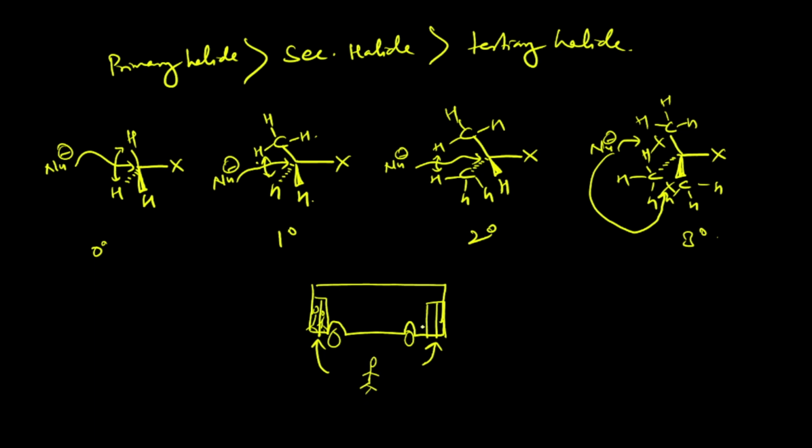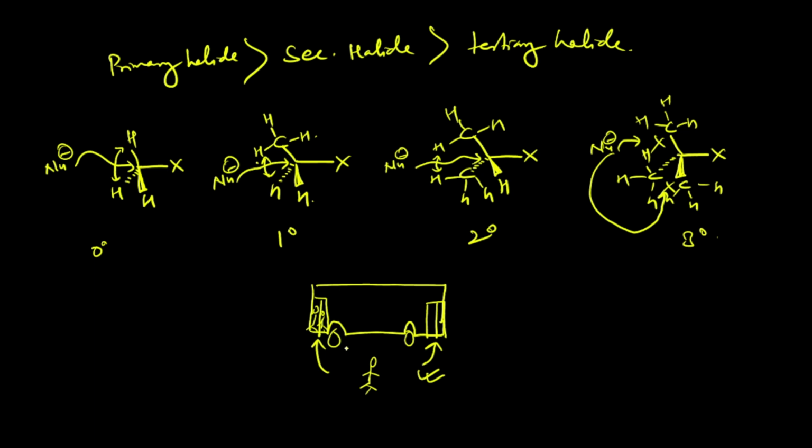The bus came, and no one is standing at this side, so you will prefer to go this side, right? You are not going to this side because nobody likes this steric hindrance, the population standing at the gate.